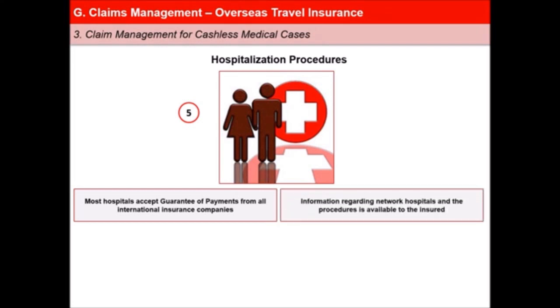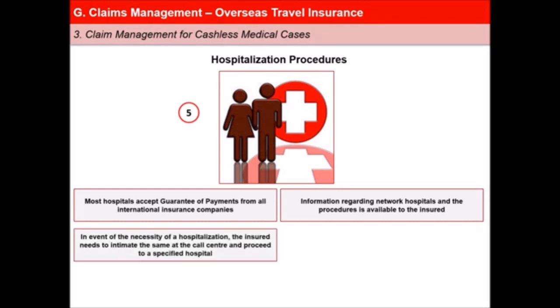Information regarding network hospitals and the procedures is available to the insured on the toll-free numbers provided by the assistance companies. In case hospitalization is required, the insured needs to intimate the same at the call center and proceed to a specified hospital with the valid travel insurance policy.